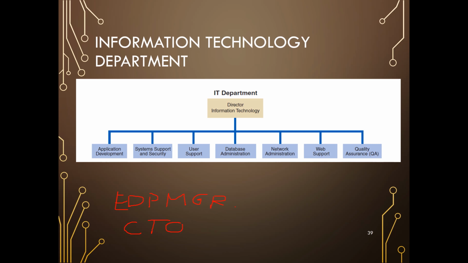This is the ideal that every IT department should have, because some companies may put quality assurance as a task of application development, because when the programmer develops the apps they have to do the quality assurance as their own task as well. So it depends on the company.